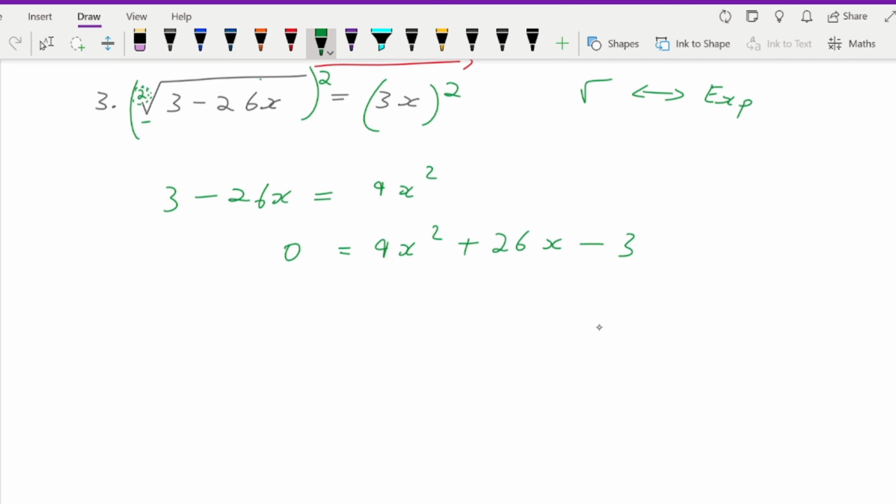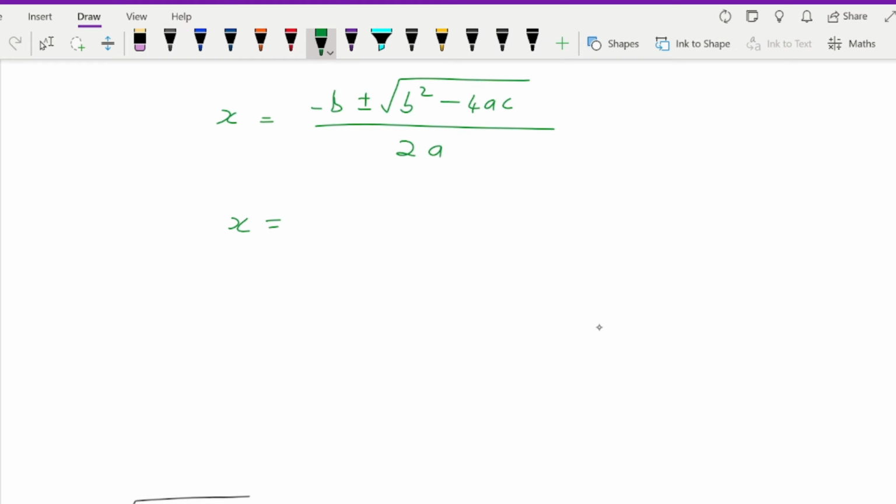But for this, we're going to use the quadratic equation, which is x equals minus b plus or minus the square root of b squared minus 4ac, all divided by 2a.